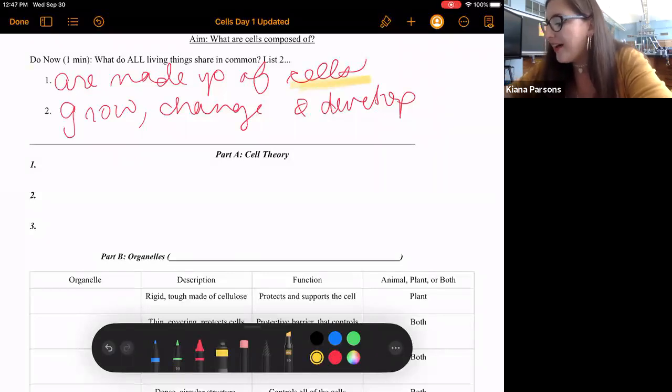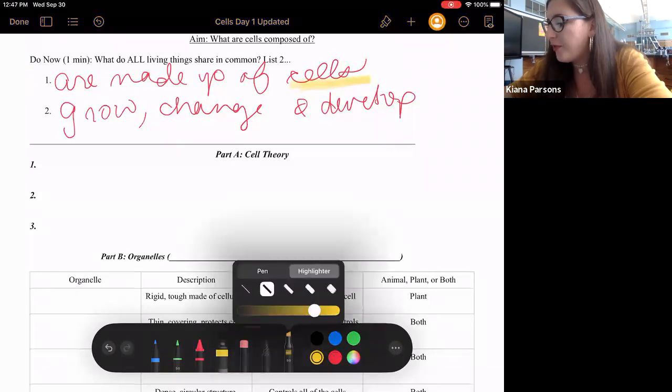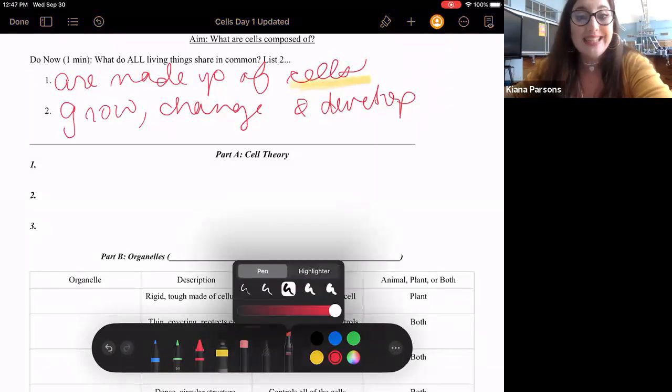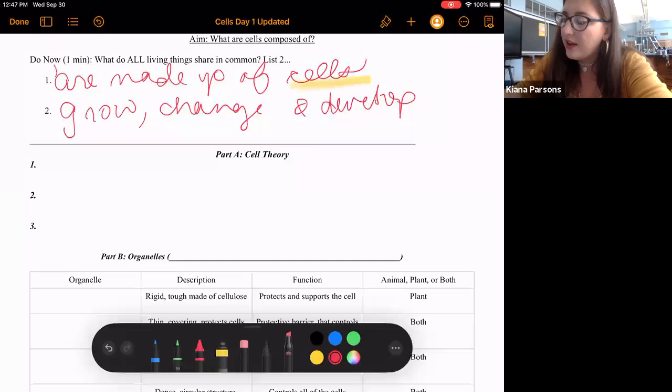So you may have heard of cell theory before, but there are 3 basic tenets of cell theory. So the first one is all living things are composed of cells.